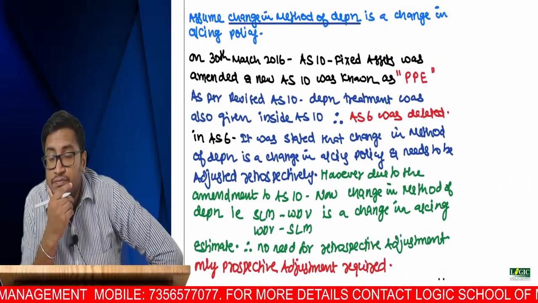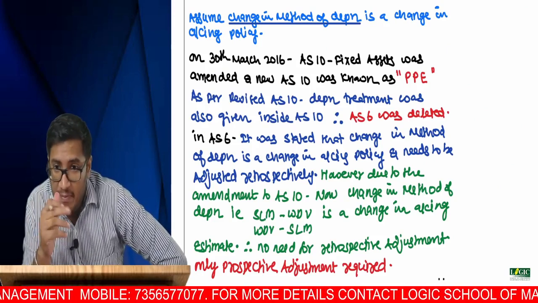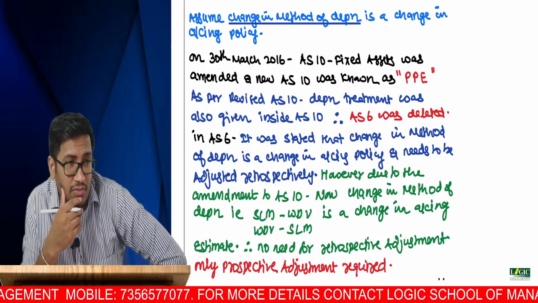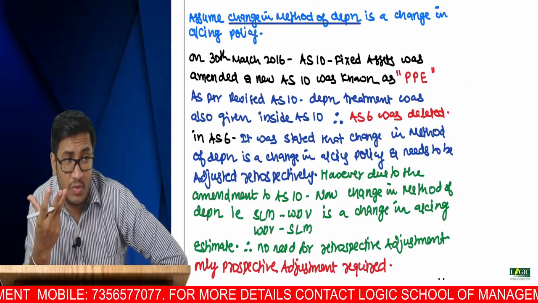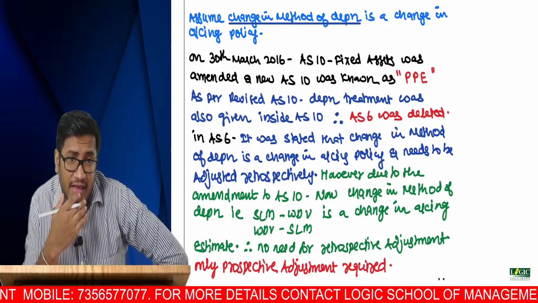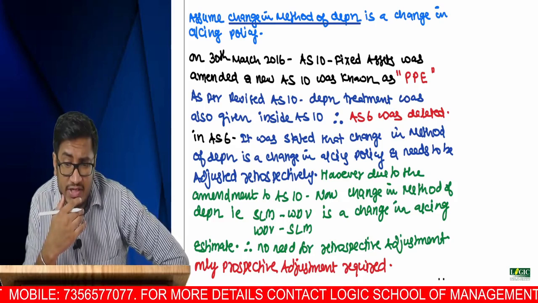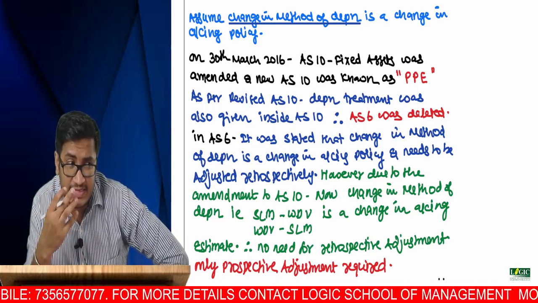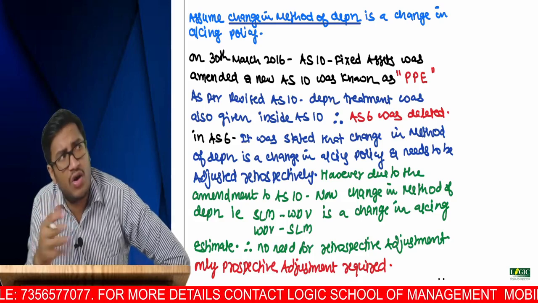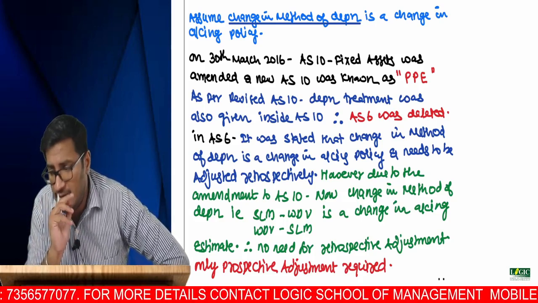So there was an impact. Maybe I don't know. In your foundation also, if your foundation textbook was not amended, can you remember what was given in your foundation textbook in depreciation? Had they written it as retrospective adjustment or prospective adjustment?